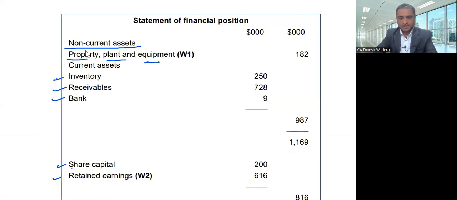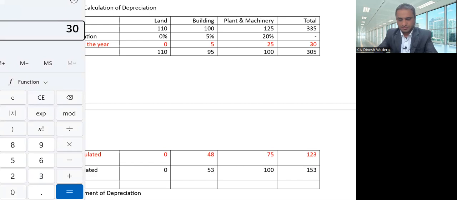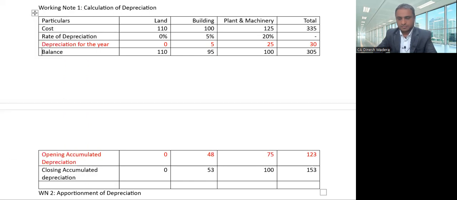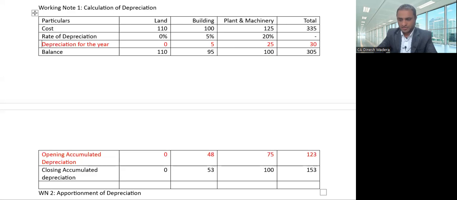Not required, let it be. We can simply adjust there. 305 minus 153. Hmm, 335 minus 153. So cost minus accumulated depreciation. 335, 153.